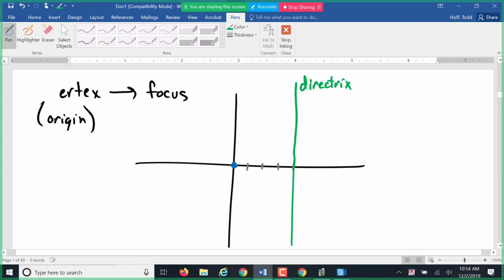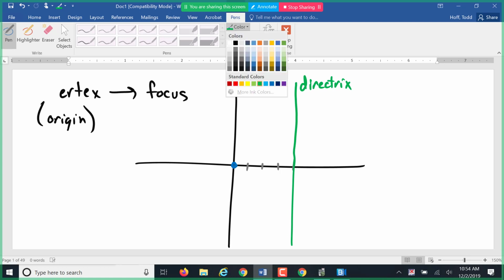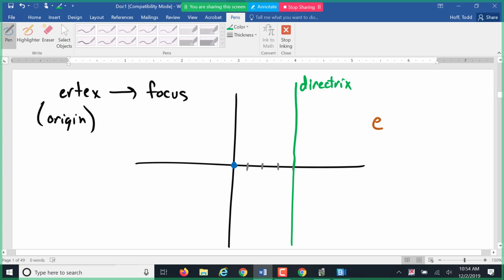Now, E, my eccentricity, is equal to 1/2. What that means is the distance from the focus to a point, or point to the focus, is equal to 1/2 of the distance from that point to the directrix.